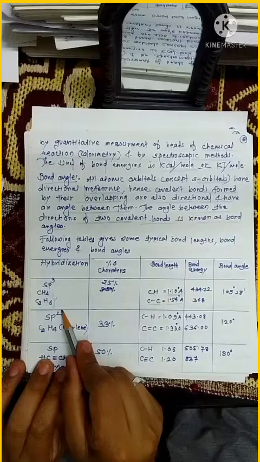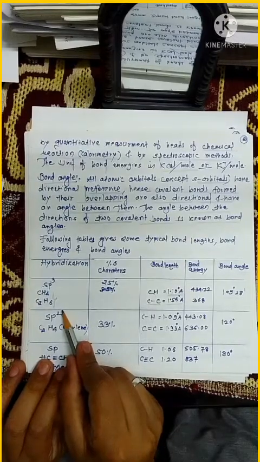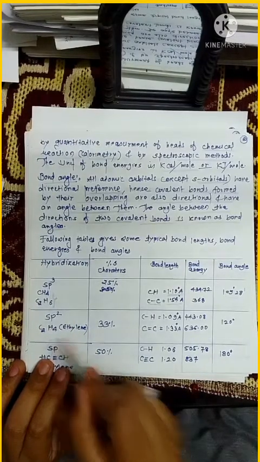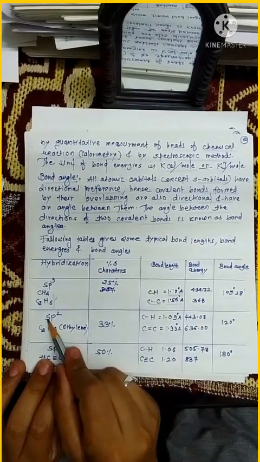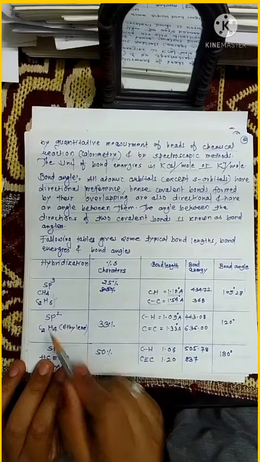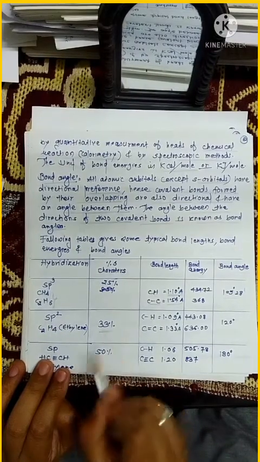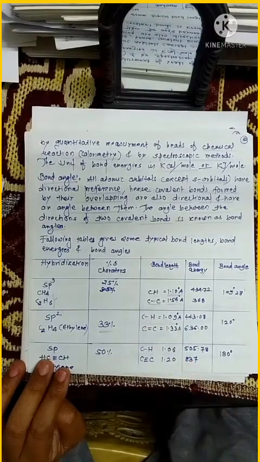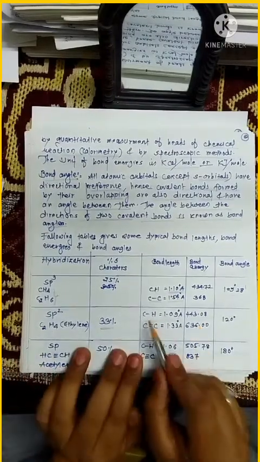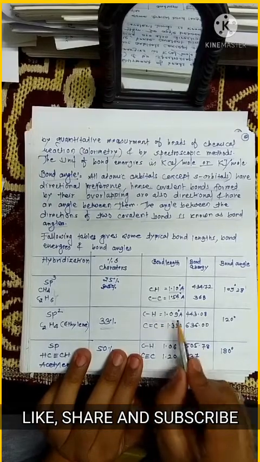For sp2 hybridization, the example is ethylene. The percentage character of s orbital in this hybridization is 33%. So just see what happens with the bond length of the carbon-hydrogen bond.